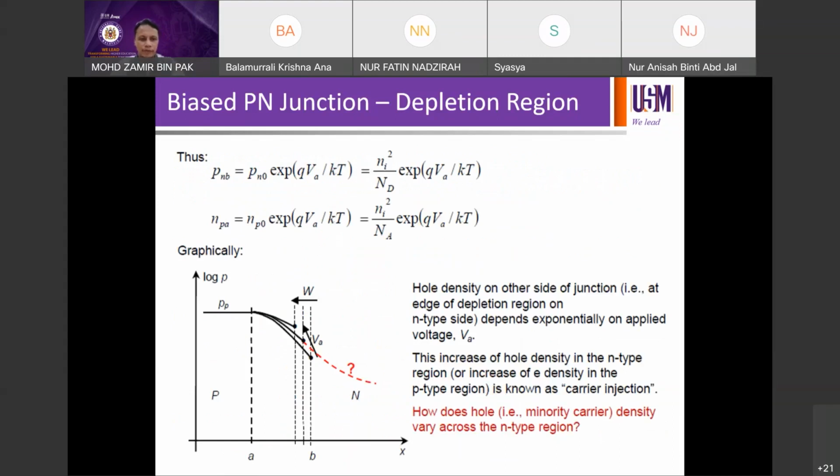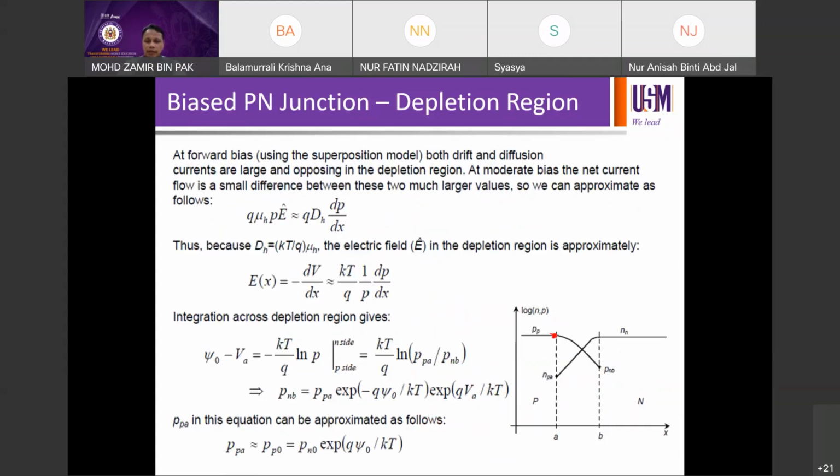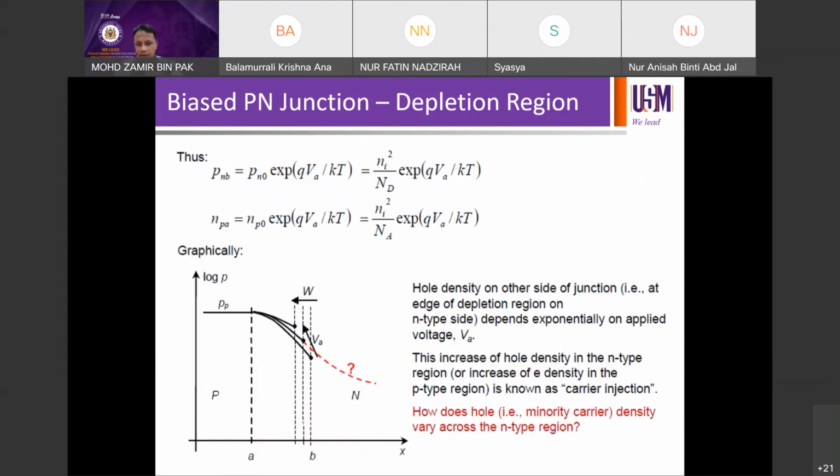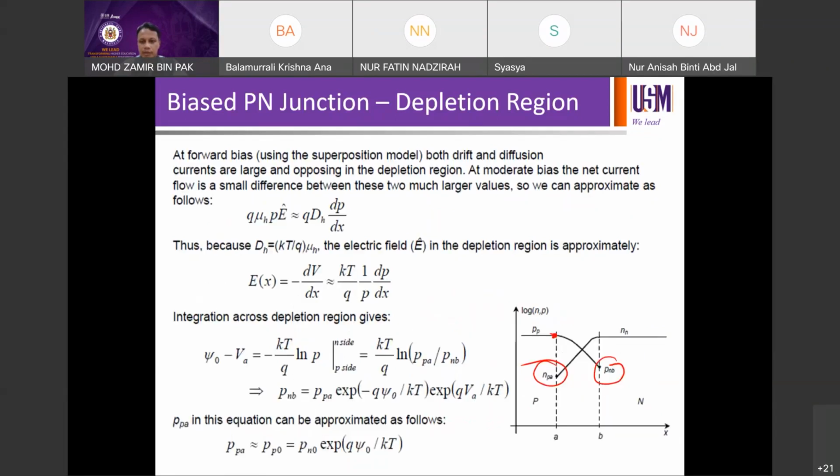So let's see what happens to your pnb and npa. We're going to look at this and this. How do we then calculate that? How do we simplify that? So your pnb, that means your holes in the n-type at point B, pnb, npa.